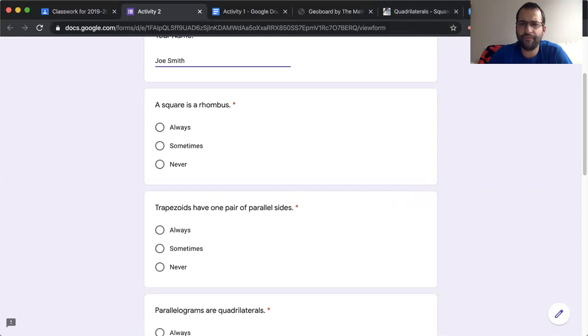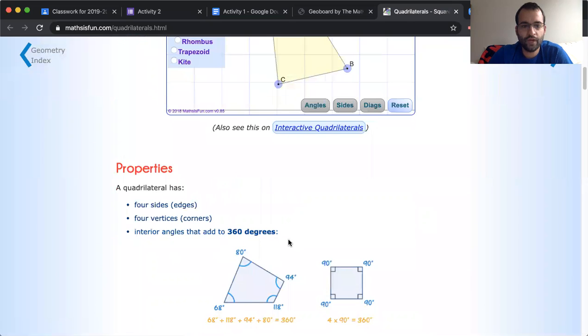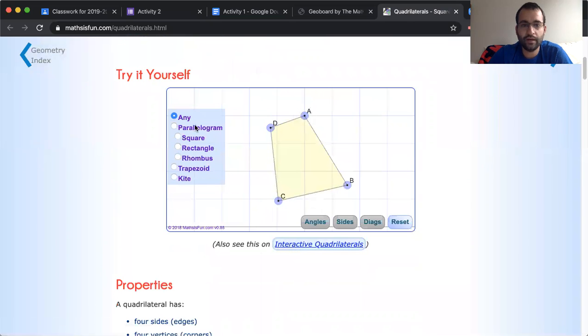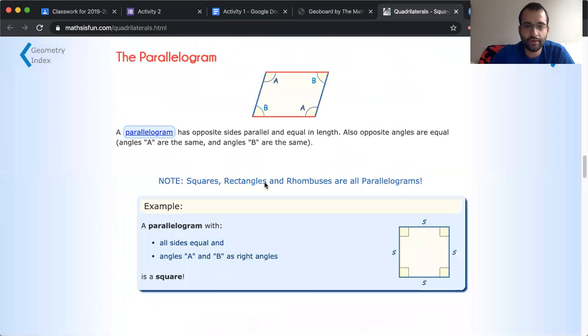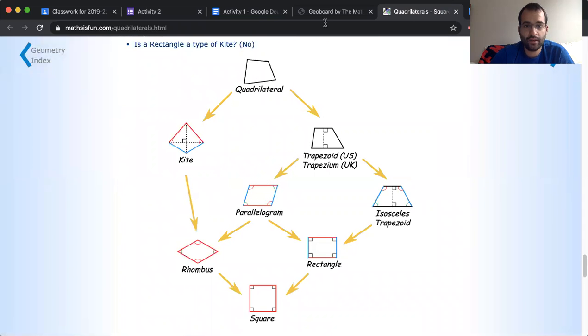So let's think about that for a second. So if I look right here, I can do it also here on this interactive chart that will help me, but I'm also going to go down here and I can go to this to see what I know about these different shapes. So, a square is a rhombus. A square has 4 equal sides.